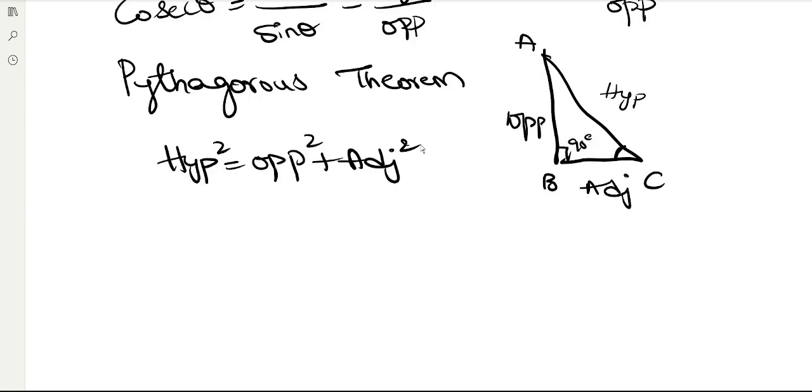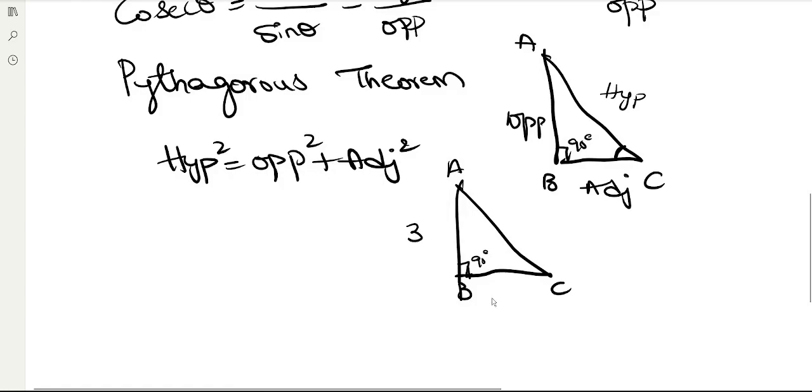Let us take an example. Suppose there is a triangle ABC. Here it is given as 90 degrees and it has given two values, 3 and 4.